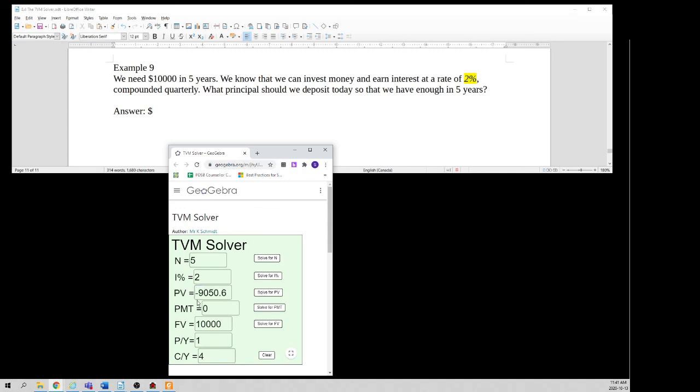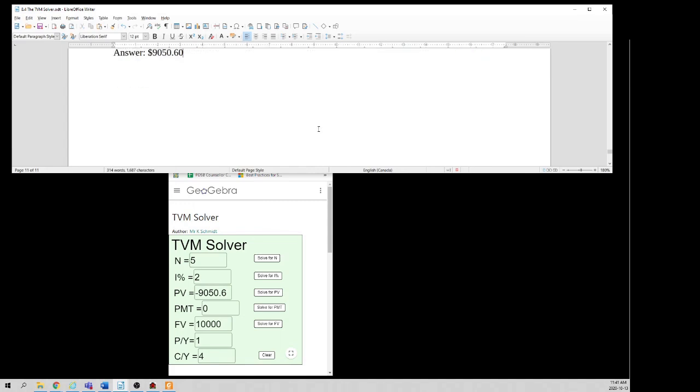So if you guessed that it would be larger, you are correct. We need much closer to $10,000 to reach that $10,000 mark because we're only getting paid 2%. So that kind of makes sense.